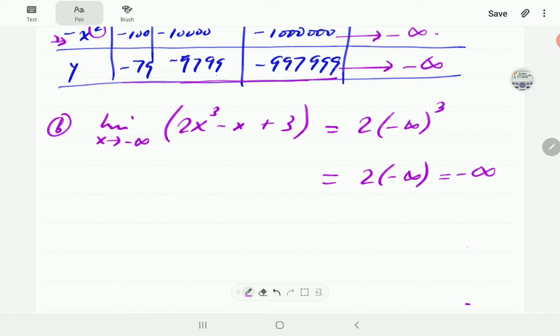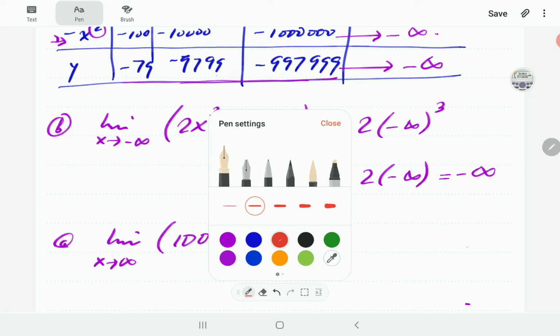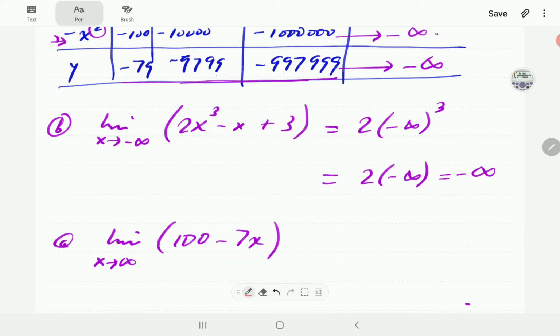This is going to go to negative infinity. Then in the first one, we've got 100 minus 7x. Now, if you like, this is 100x to the power 0. So the highest power is this one.